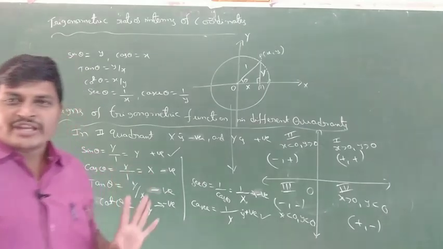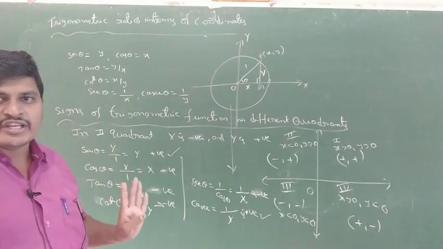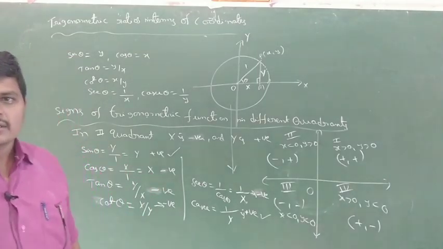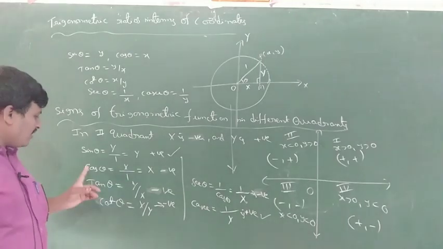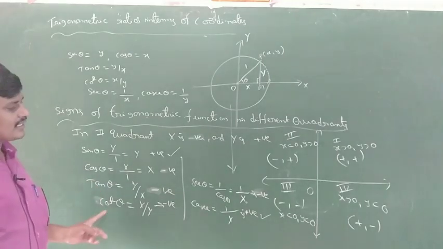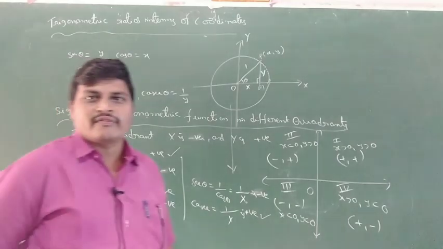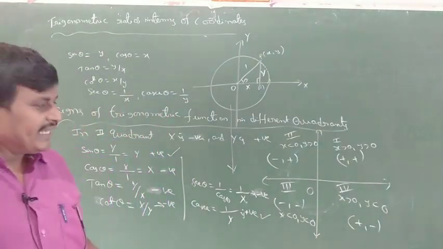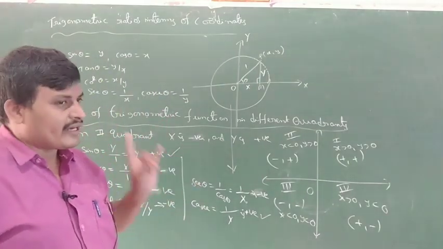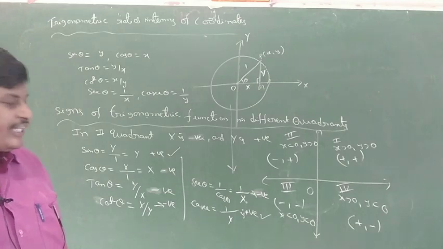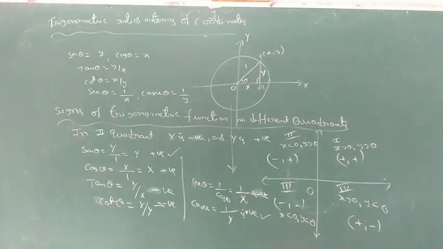The remaining 4 functions, cos, tan, cot, secant, are negative in the second quadrant.